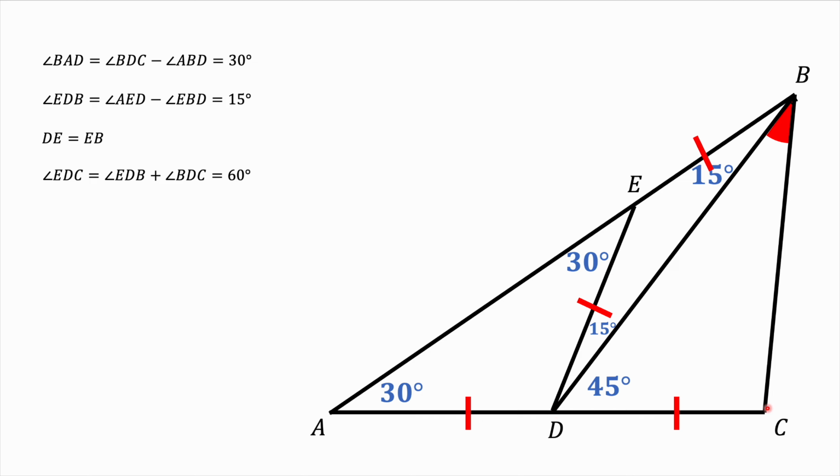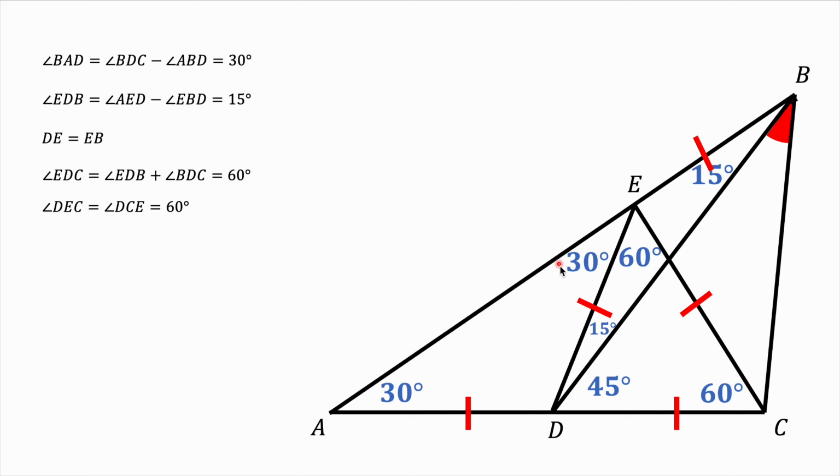What it means is if we connect C and E together, we're going to have an isosceles triangle with an angle of 60 degrees. And that means all the angles in this triangle are 60 degrees. And that means that we have an equilateral triangle right now.